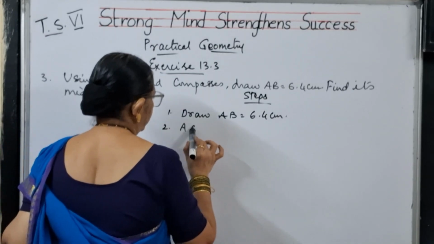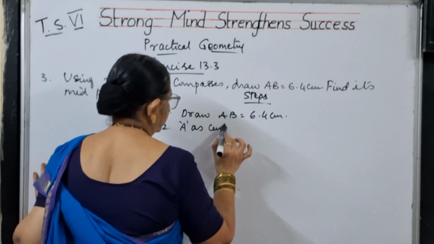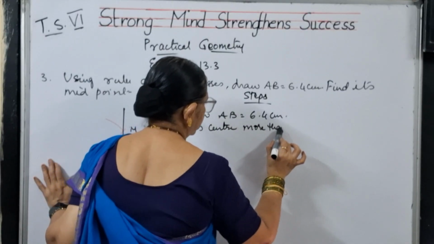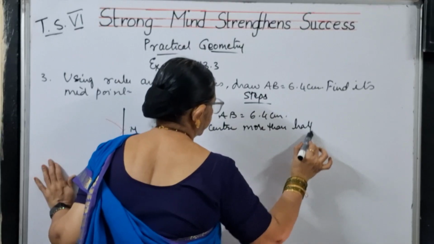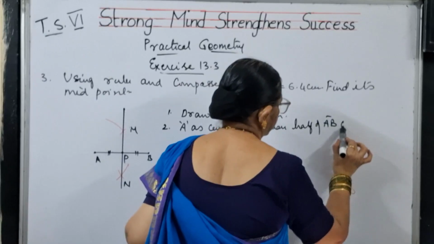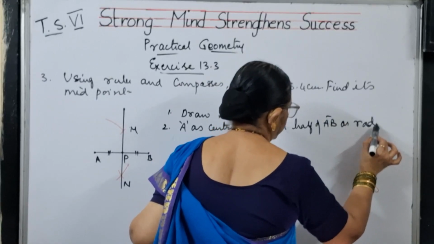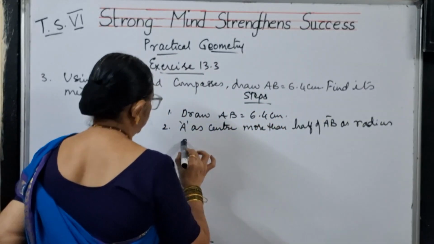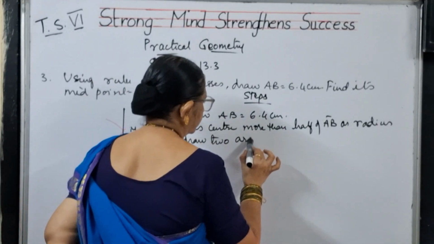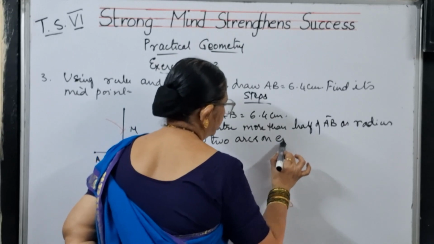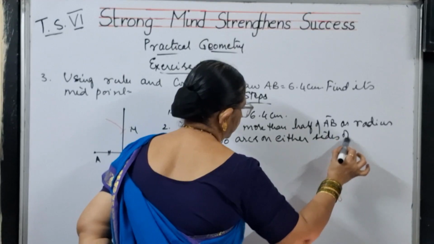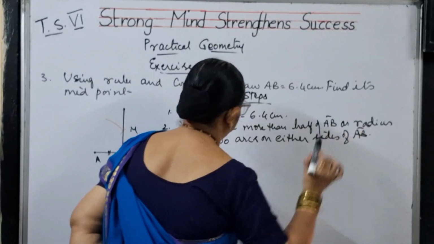Second one, A as center, more than half of AB as radius, draw two arcs on either side of AB.